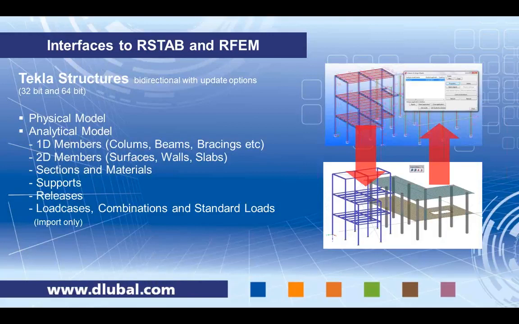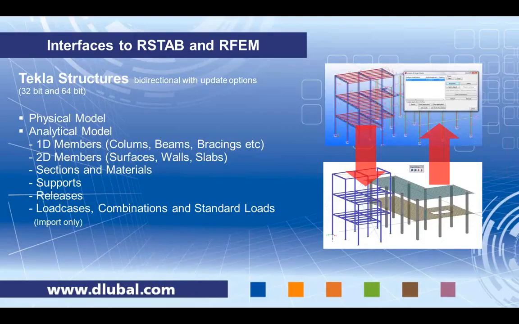And in general, there are some problems when you work with a physical model in a structural analysis program, because, for example, a beam might be cut off at the edge of a column, and therefore there is a gap between the center line of the column and the end of the beam.